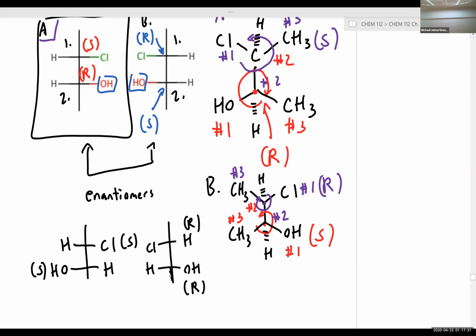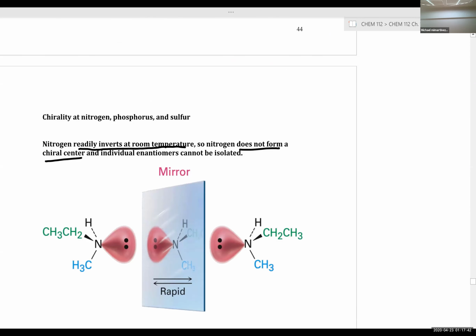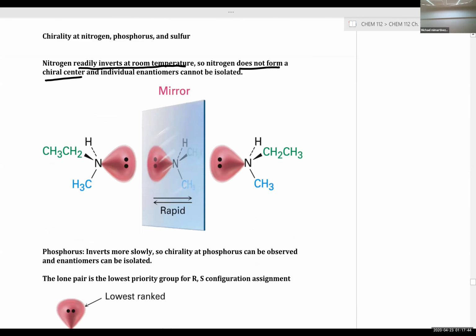So it really does depend on the relative position of your substituents. Okay, so thankfully, because nitrogen readily interconverts at room temperature, we don't have to worry about chirality at nitrogen. It readily undergoes a flip in its trigonal pyramidal geometry. So it readily inverts its lone pair.